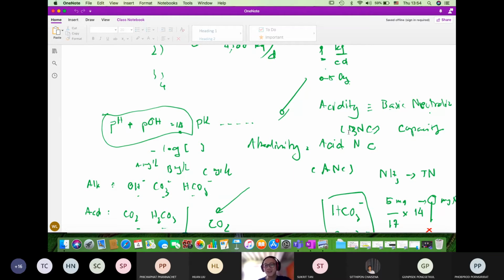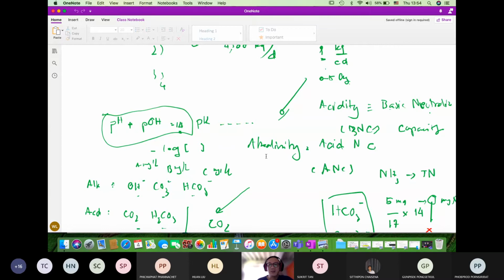In short, acidity is BNC. B stands for base, N stands for neutralization, C stands for capacity. So it's basically the capacity of a water sample to neutralize the bases.